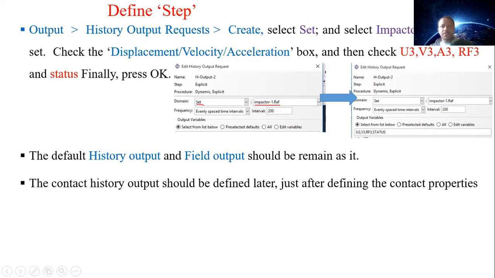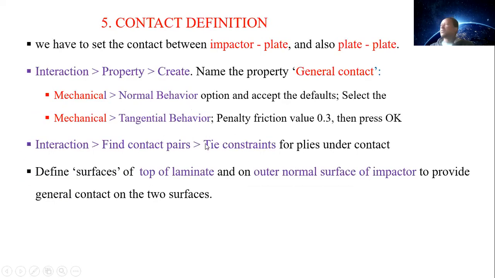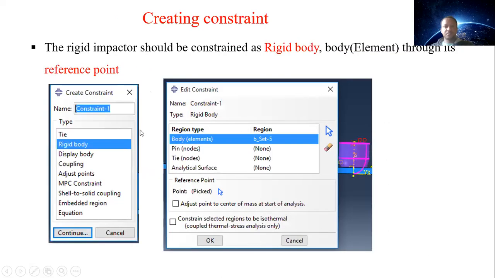We created history output and field output in both cases. And we requested the damage initiation criteria. These are required for the fiber reinforced composite. We requested the traction separation for the interface damage initiation criteria. And we defined the contact behaviors. Here, contact properties are defined.